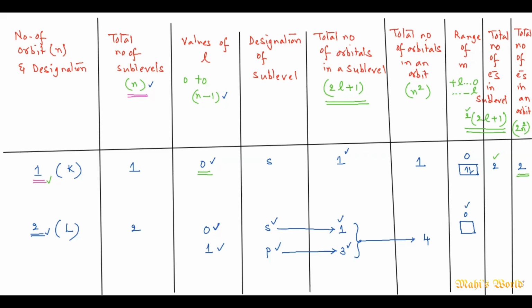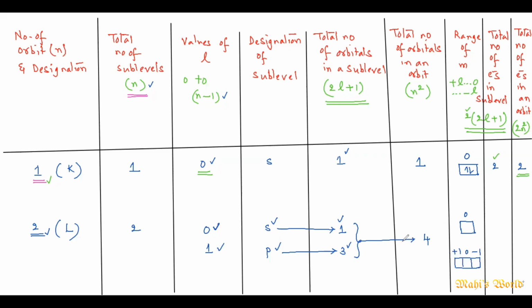Of course, it is 0. And now when you go for the 3 p orbitals, let me start with plus 1, 0, minus 1. Most of the people, of course, give it as minus 1, 0, plus 1, but that is wrong. It's actually plus 1, 0, minus 1.